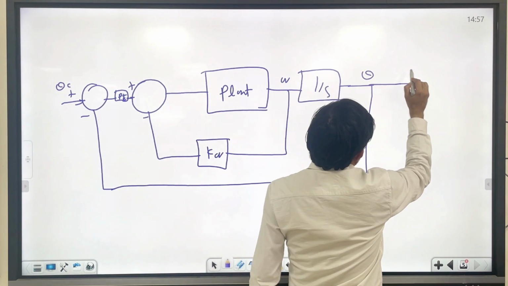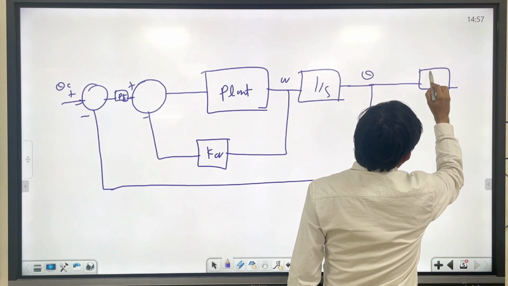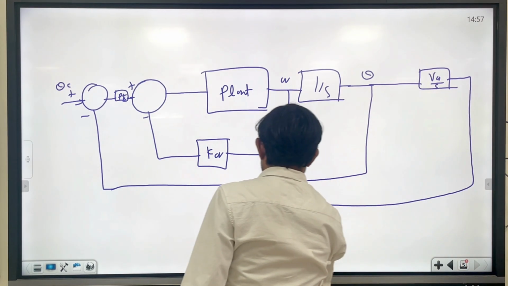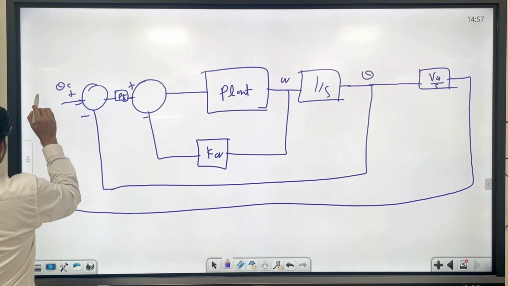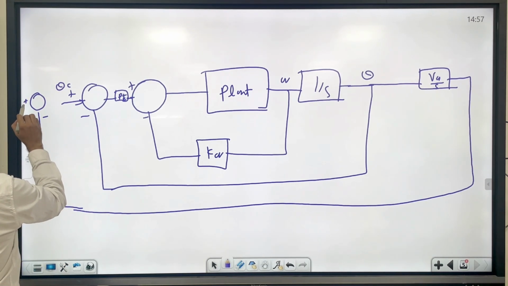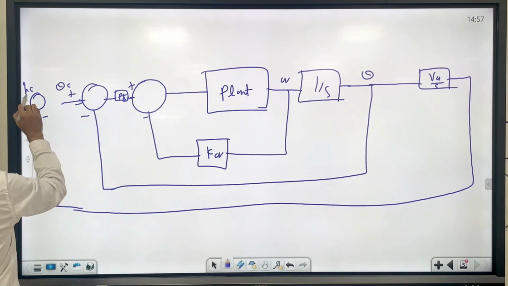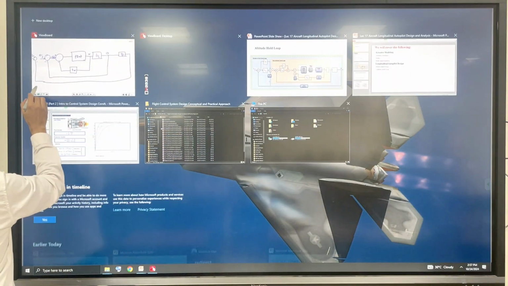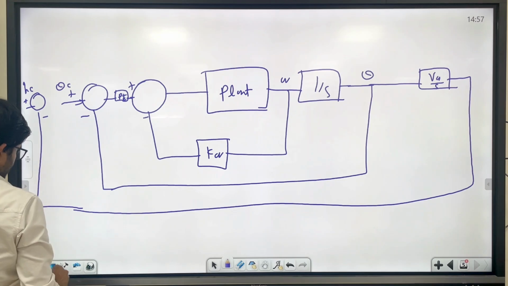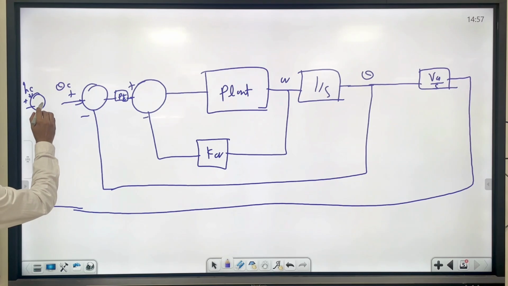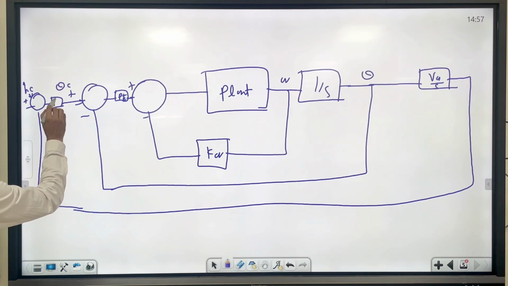Now when you multiply by V by s, and take the feedback, here you will give the H command, and here you will use a PI controller.